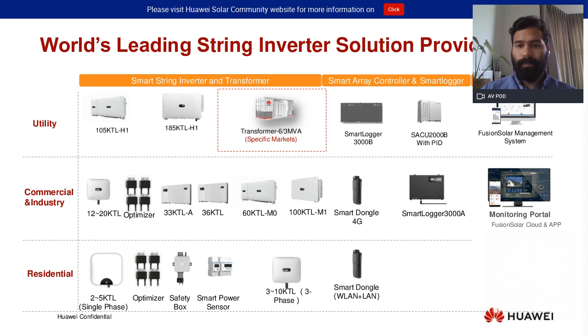And then we have our Smart Logger 3000B, which is our last generation of data logger, and the Smart Array Control Unit, which is a cabinet that holds the Smart Logger and the AntiPID unit if required. Sorry, I'm going to speak about it later on the slide.